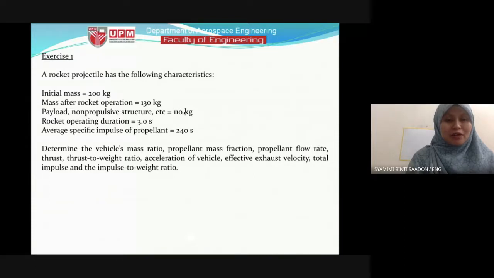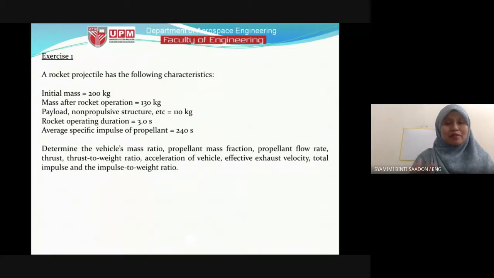A rocket projectile has the following characteristics. Initial mass of 200 kilograms. When we say initial mass of the rocket, it means the whole rocket body, including the mass of the propellant, the system, etc. The whole initial mass is 200 kilograms. And then the mass after rocket operation, meaning after launching, the whole body of the rocket is reduced to 130 kilograms. It's logical, because a rocket body carries the mass of the propellant, liquid or solid.